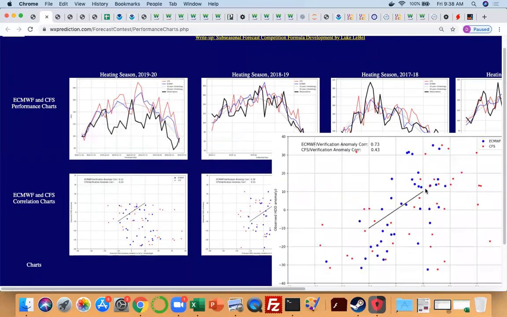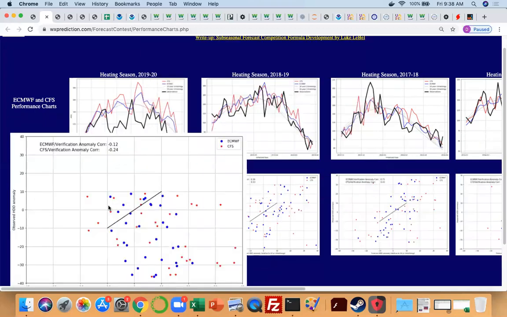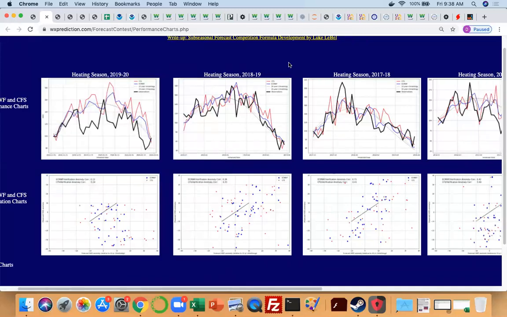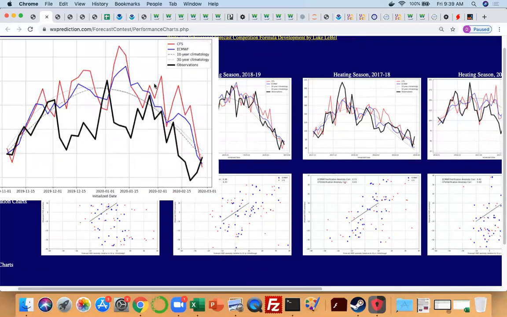Like, why do we have an EC 0.7 correlation two winters ago, and this winter so far a slightly negative correlation? I don't have an answer. I'd also be interested in what the correlation is in the change from one period to the next.